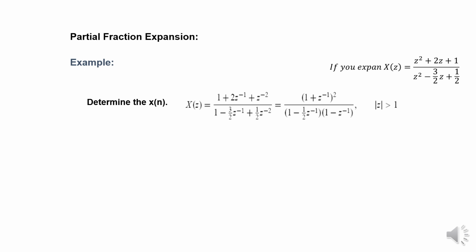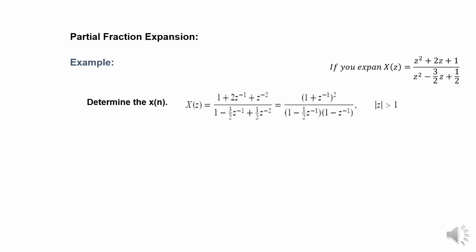That's because, if you remember, the Z transform equation consists of z to the power minus n terms, like z minus 1, z minus 2, z minus 3. So that's why they have z minus 1 terms here.